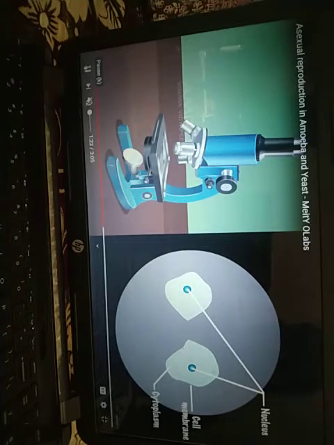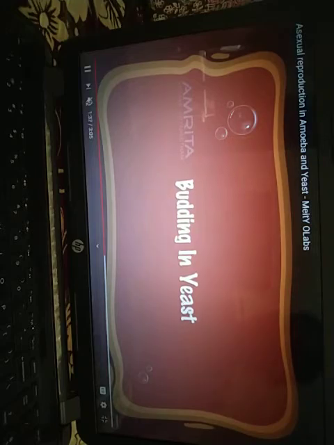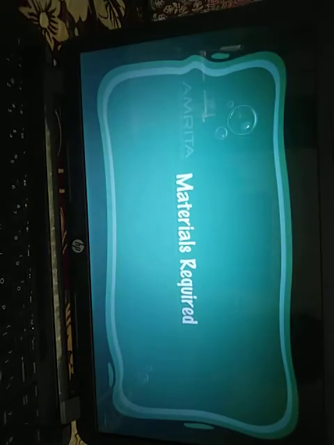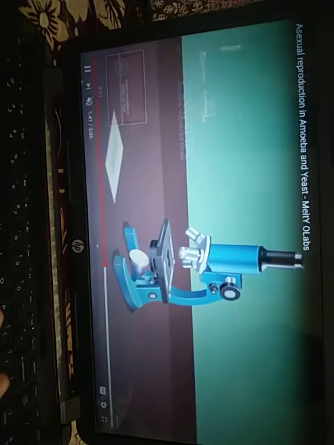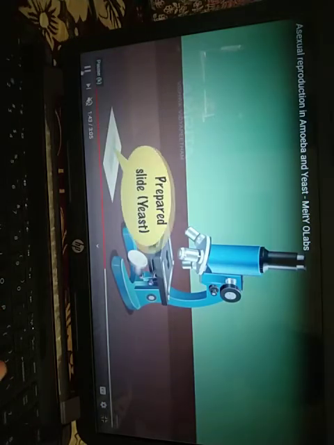Now next we will do budding in yeast. The material required is the same.